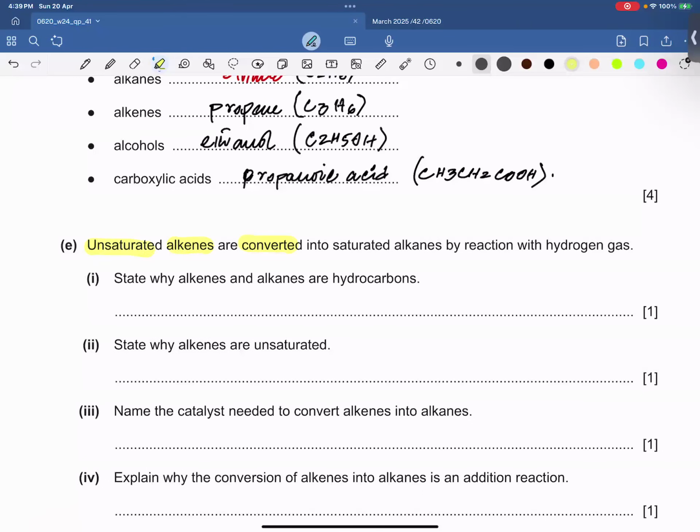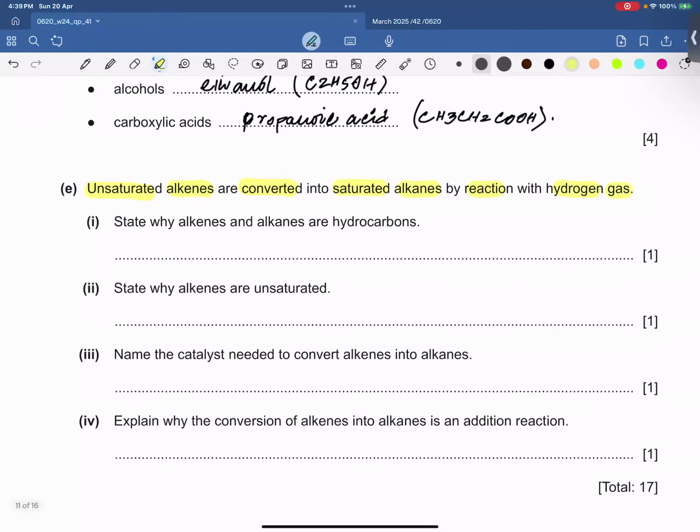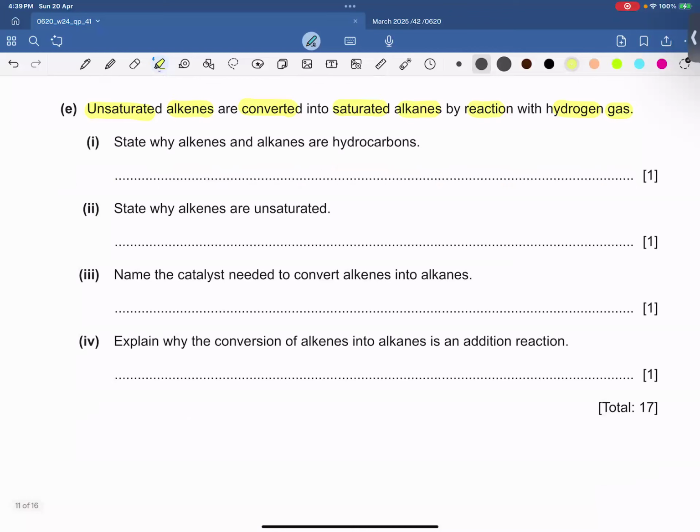Unsaturated alkenes are converted into saturated alkanes by reaction with hydrogen gas. State why alkenes and alkanes are hydrocarbons, because both alkenes and alkanes consist of carbon and hydrogen only.